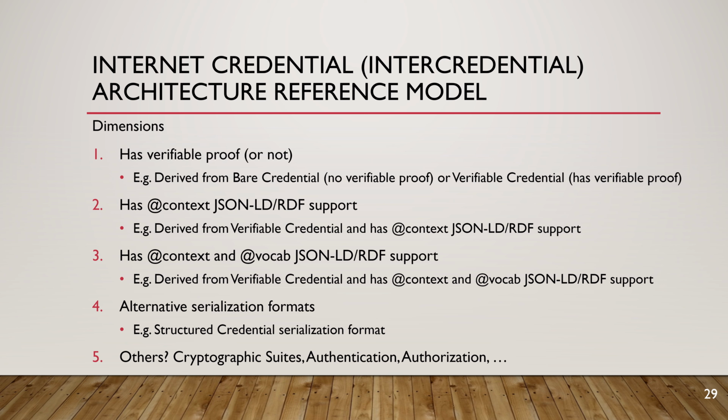In step 2, we can ask, does the verifiable credential have at context JSON-LD RDF support? If it does, then that helps us categorize that particular class of internet credential. In number 3, does it have both at context and at vocab JSON-LD RDF support? In that case, that gives us another special bucket of internet credentials.